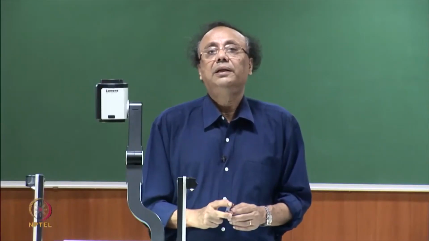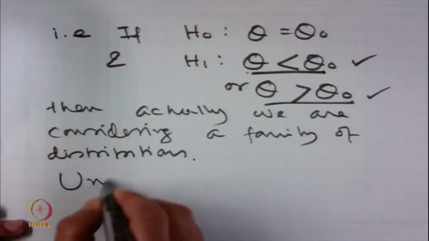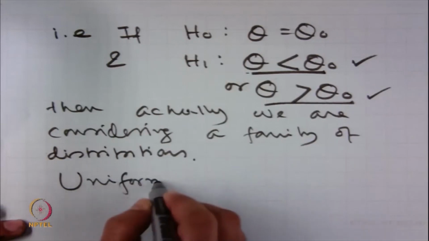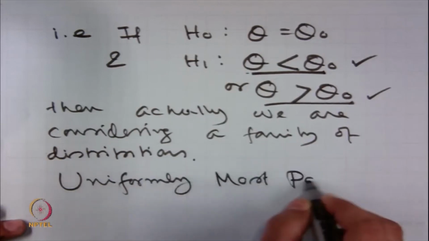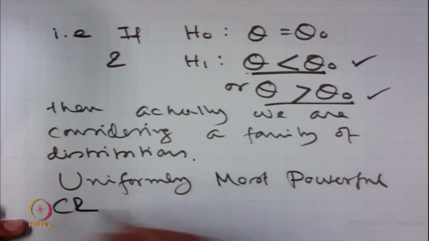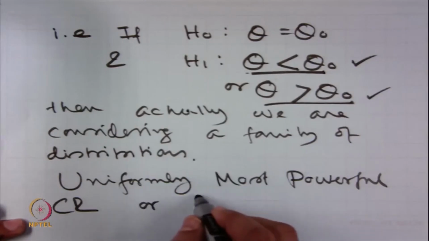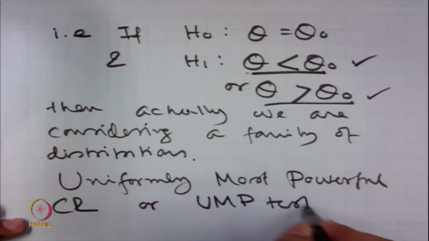in that way can be called uniformly most powerful critical region, or corresponding test is called uniformly most powerful test.